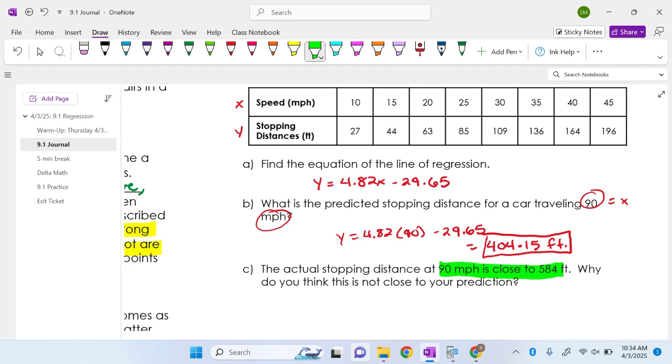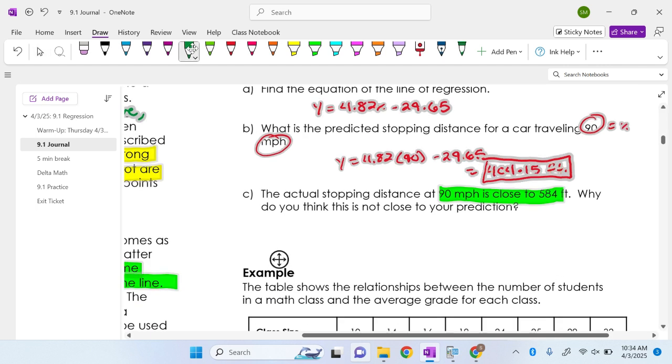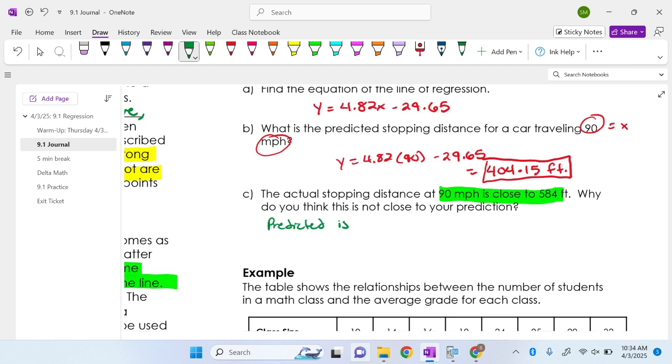So this is a very special circumstance where our predicted value is way outside of the data set. Guys, if you keep throwing that pencil, I swear. That point, 90 miles per hour, would be an outlier to this set.